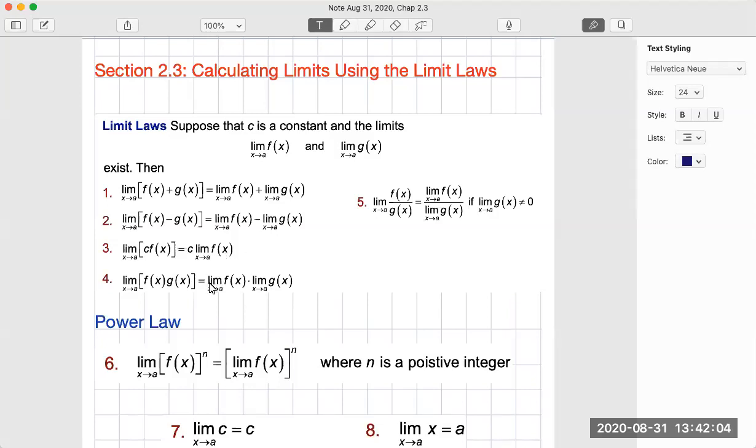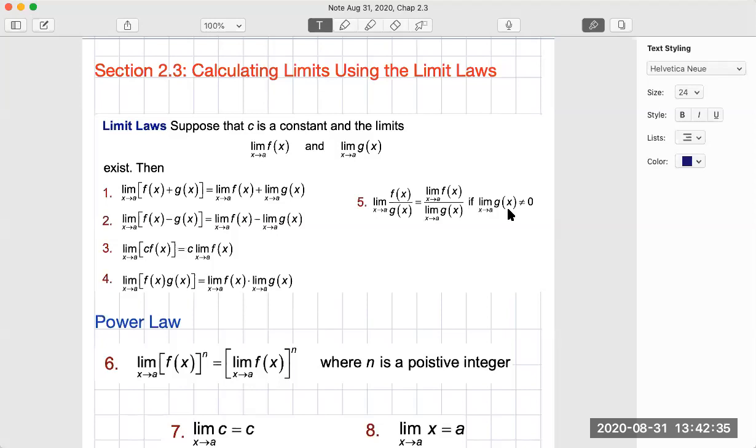And the limit of a product will be the product of the limits, or the limit of a quotient will be the quotient of the limits. And make sure that the limit of g when x approaches a is not 0. That is the requirement of a quotient, right? The denominator should not be 0.